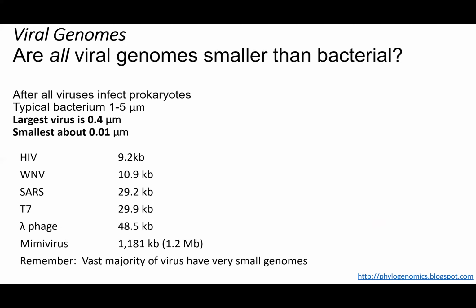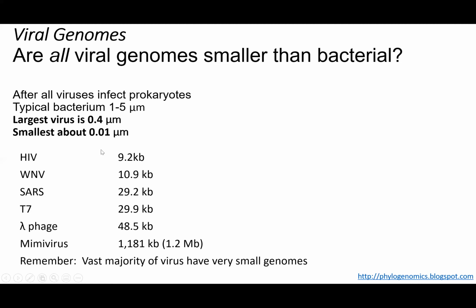The next question we can ask is, are all viral genomes smaller than bacteria? The largest virus that we know of is about 0.4 microns. The smallest is about 0.01 microns. And the typical bacterium itself is 1 to 5 microns.